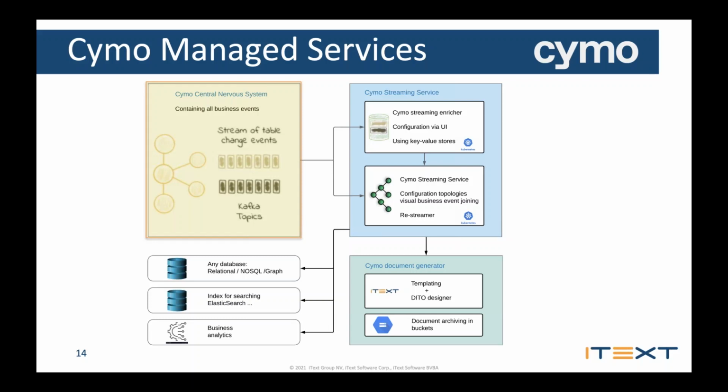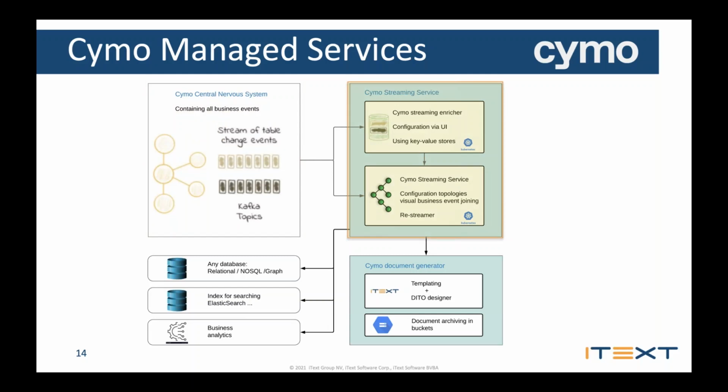I can give you a whole webinar on Kafka for 3 hours. It's a pretty amazing streaming architecture, but that's not the subject here. Important to know is that Kafka is really good at providing that. On top of that, we have the streaming service.